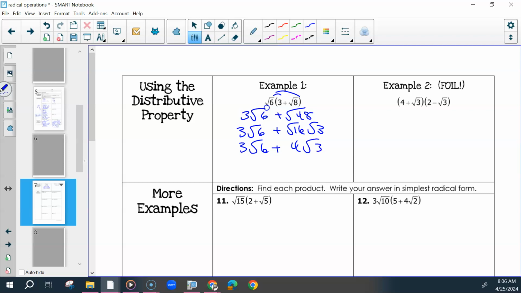Can we combine these? No. They're not like radicals. They don't have the same radicand. That is your final answer. Questions on how we use the distributive property with just one?